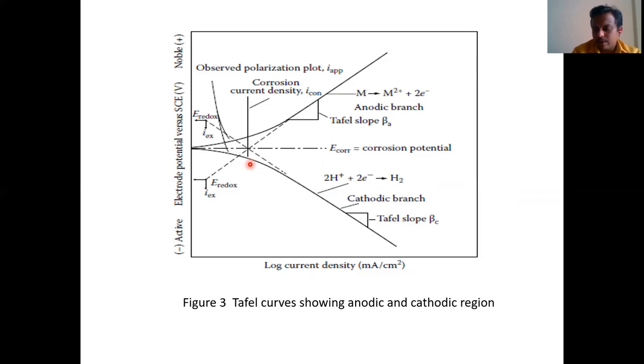Generally, the initial potential is minus 0.25 volt and the final potential is plus 0.25 volt. Then we add the sample area, the density of the sample, and the equivalent weight of the sample.